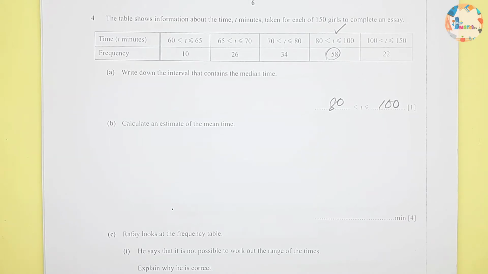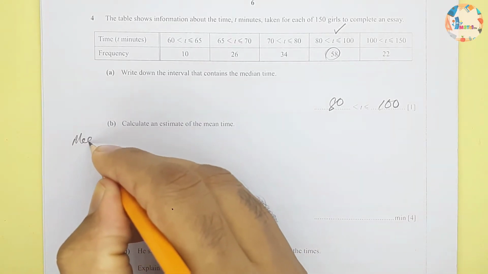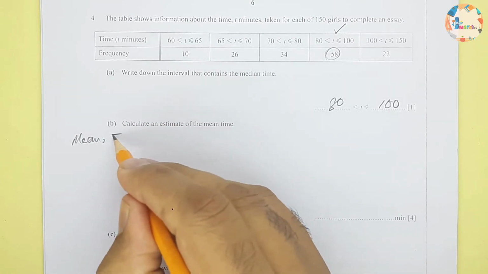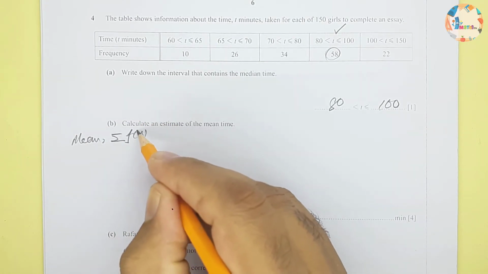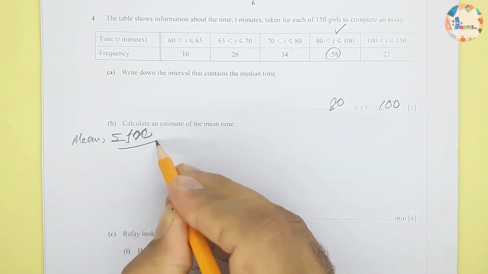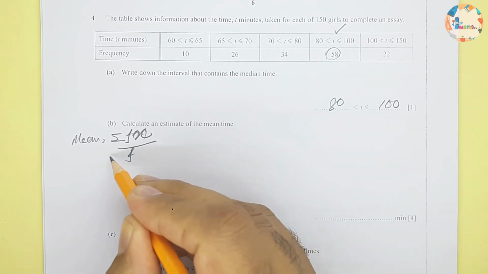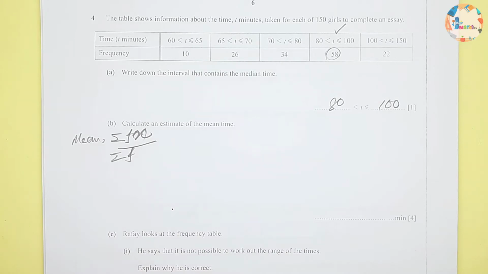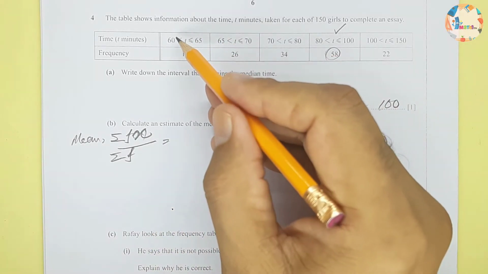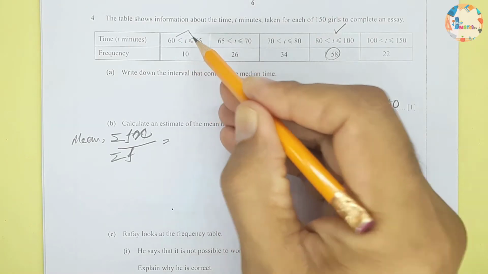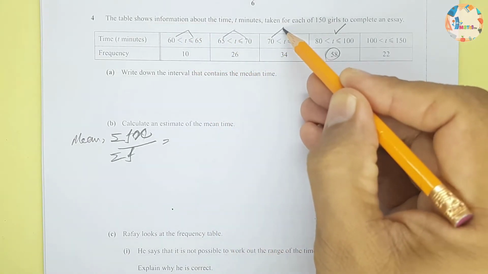Calculate the estimate of the mean. So mean of group data is equal to sigma fx over sigma f. Basically this is the formula. So in this formula we will replace values. To calculate this we have to take the mid values.